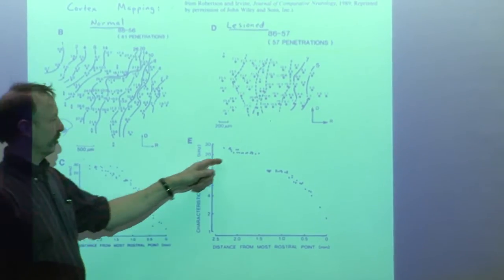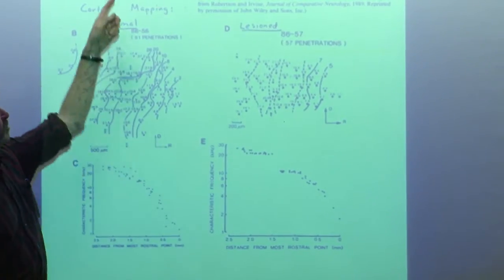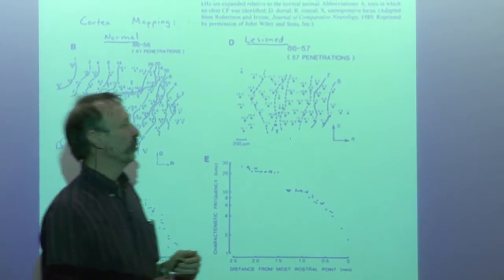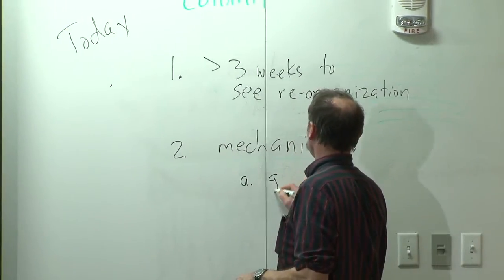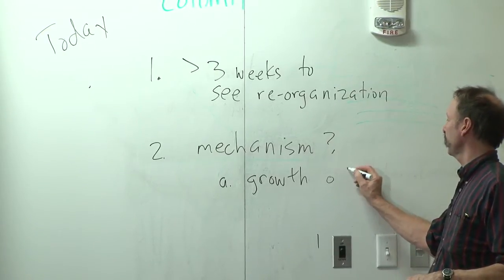And did they do that growth because that part of the cortex had gone silent because of the hearing loss? So one mechanism could be growth, if you will, sideways growth of axons.